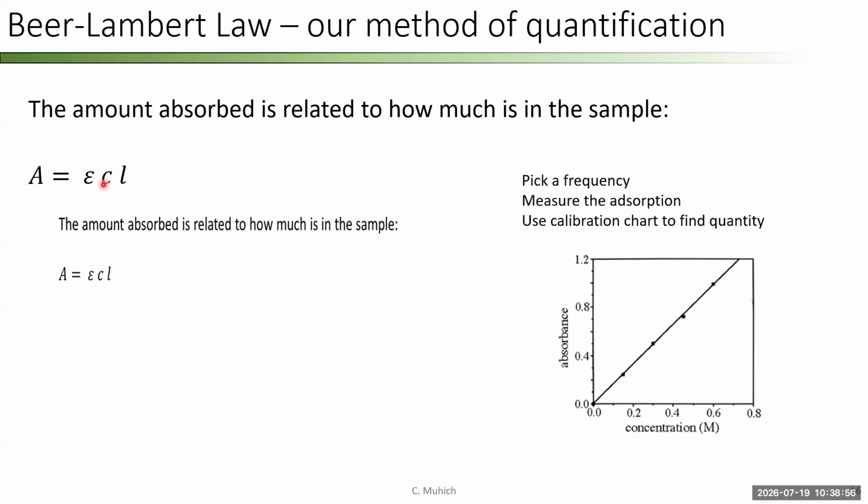So how we use this is we pick a frequency of light, we measure absorption or fluorescence, whichever we want, and we measure a set number of standards, which we know the concentration of. And we measure their absorption and we generate a line. This is called a calibration chart. And so for almost all molecules across massive concentration ranges, we have this direct linear relationship between absorbance and the concentration.